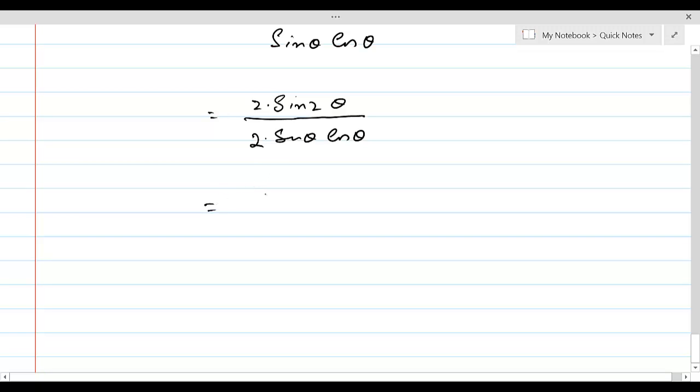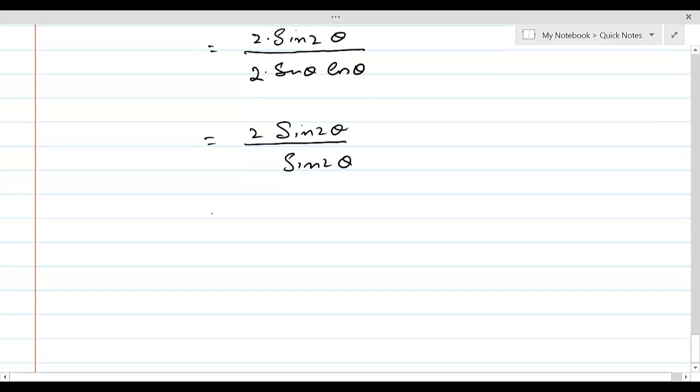So this is equal to 2 sine 2 theta, and the denominator also becomes sine 2 theta, and both of them get cancelled out, leaving behind 2, which is the right hand side, and which was required. So this is how we proved this identity.